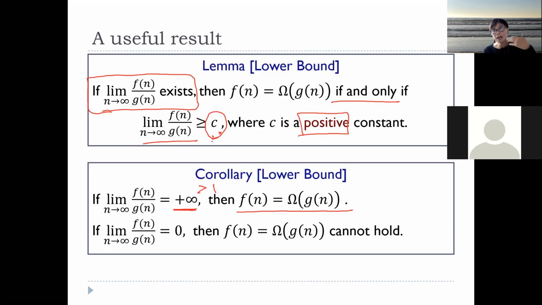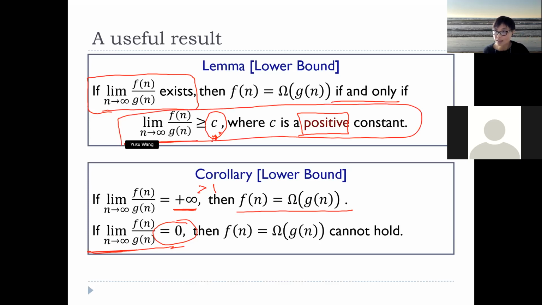Okay, another implication is that if the limit is actually 0, what does it mean? Well, this means that it's not possible to find any positive constant that 0 is bigger than, right? So that means that this cannot happen. We cannot find any c to make this hold. As such, this relation cannot hold.